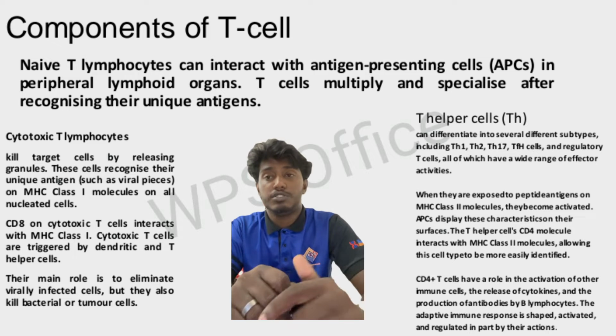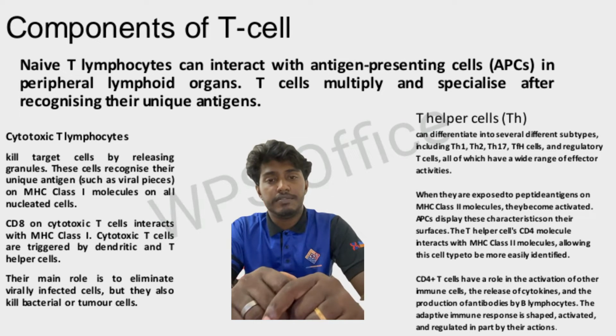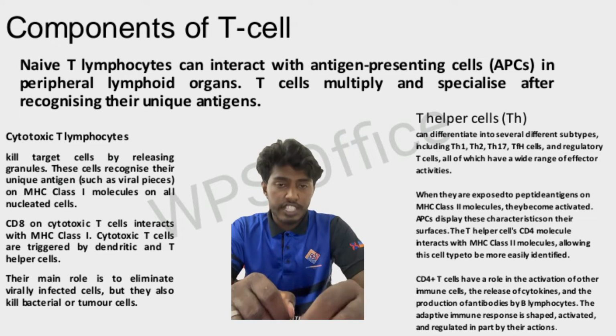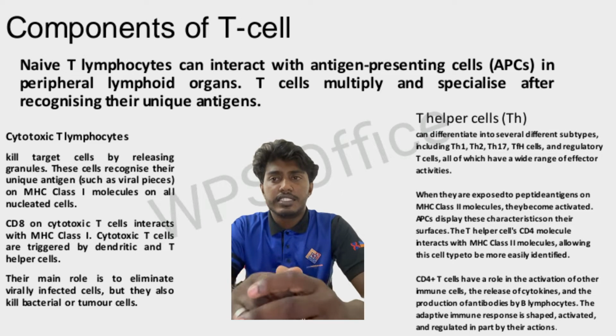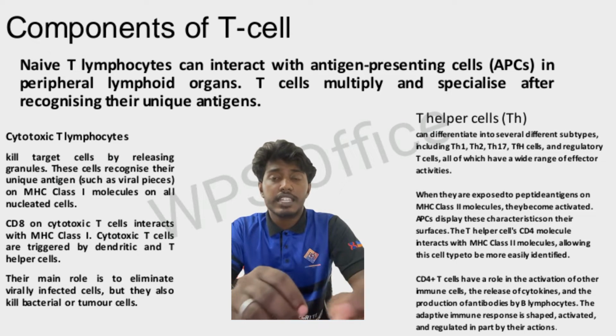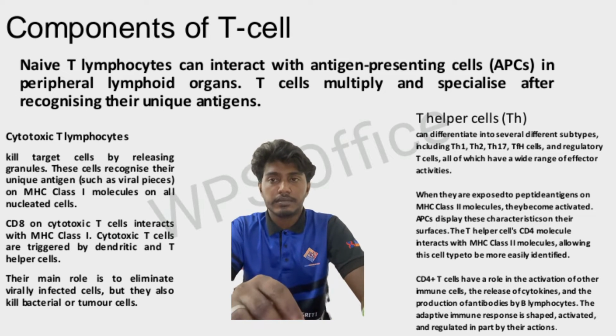cytotoxic T lymphocytes. Following on, T helper cells, also known as TH cells, can differentiate into several different subtypes including TH1, TH2, TH17, and regulatory T cells, which have a wide range of effector activities of T helper cells.